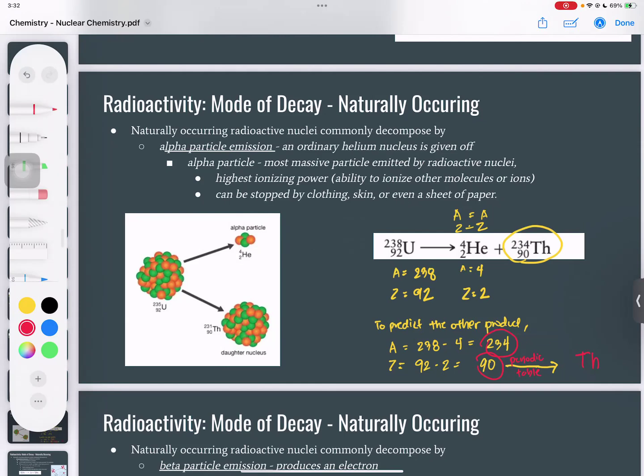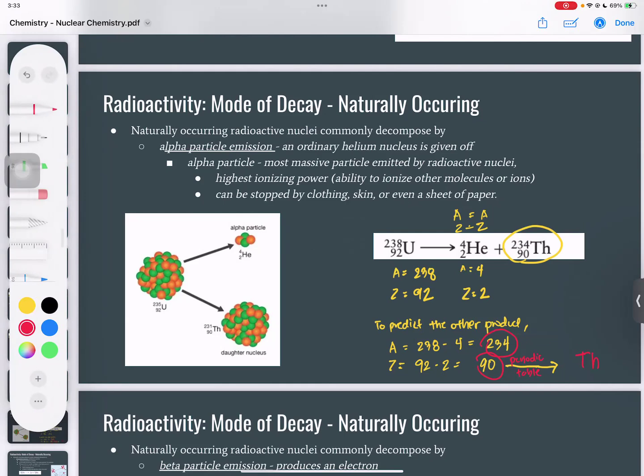They become charged. Because of the size of the alpha particle, they have difficulty penetrating cells. They can be easily stopped by clothes or clothing. It can be easily stopped by skin or even a sheet of paper. Yes, they are very ionizing, but because they are very big, it's easy to block them off.